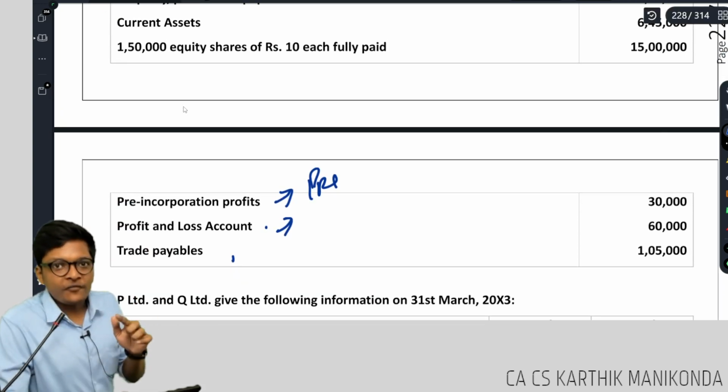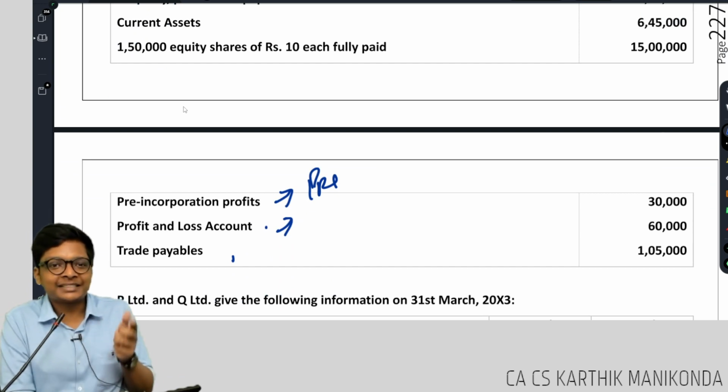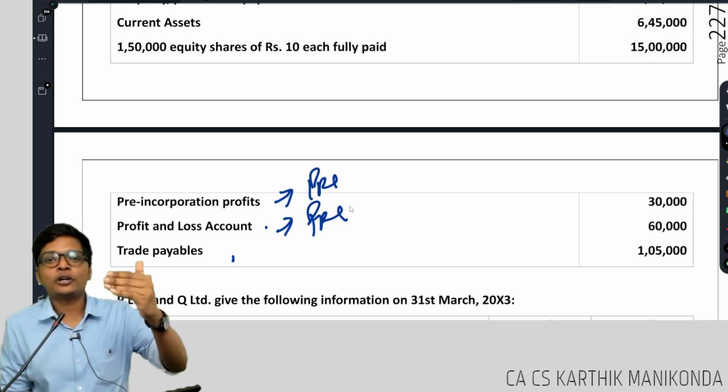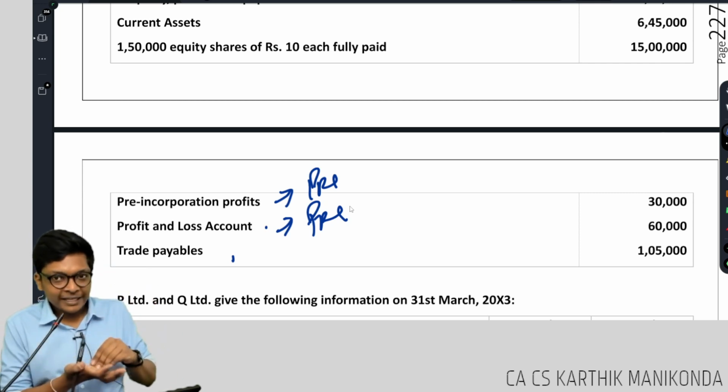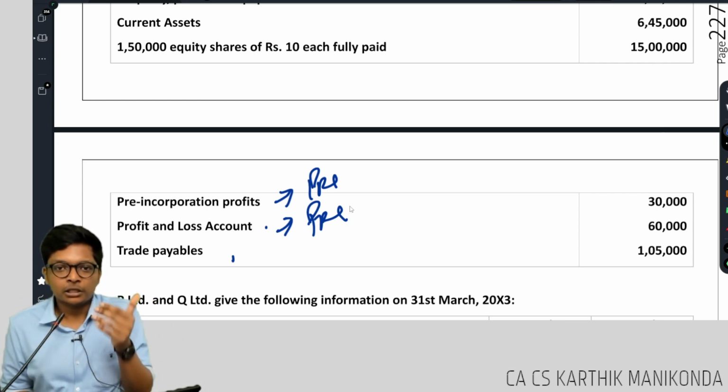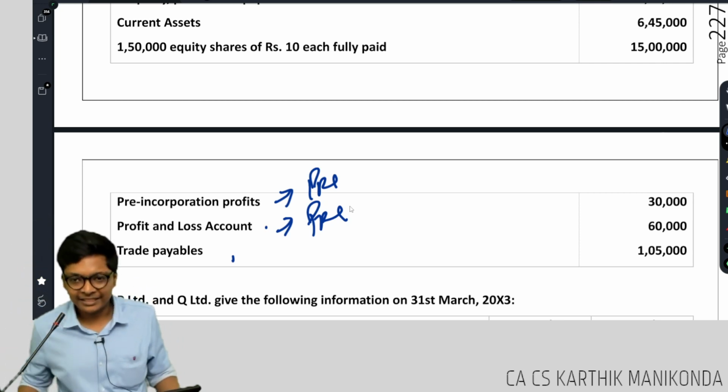So whatever profit is there on the date of acquisition is fully pre. This is also just to confuse you, he gave pre-incorporation profit and P&L. On the date of acquisition, whatever profit was there, it was already there before you purchased. So it's pre-acquisition. Are you understanding guys?